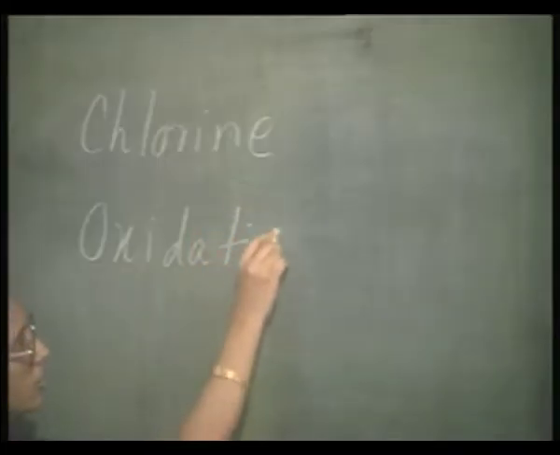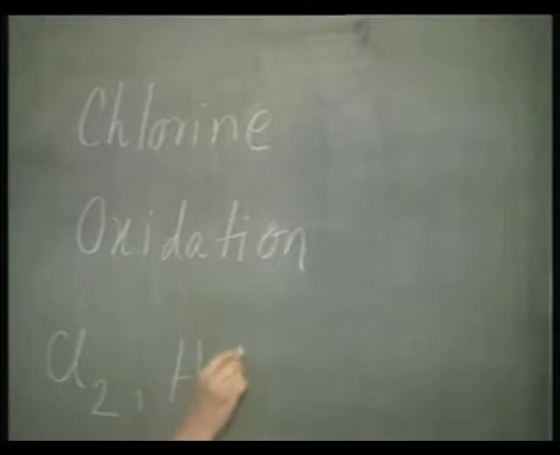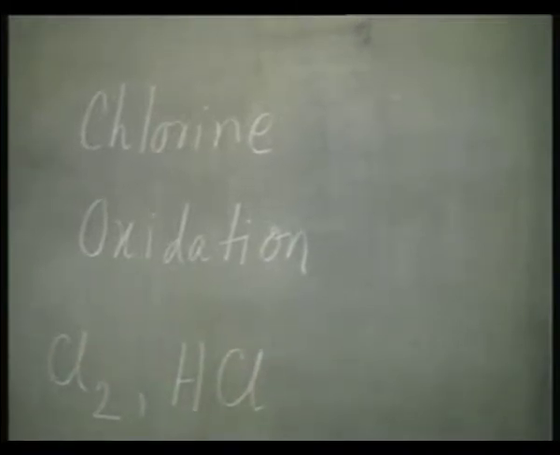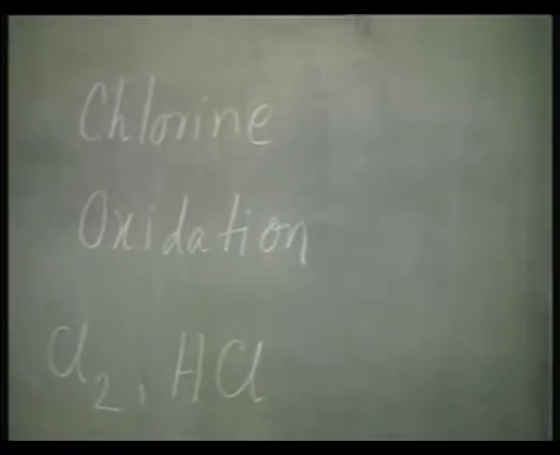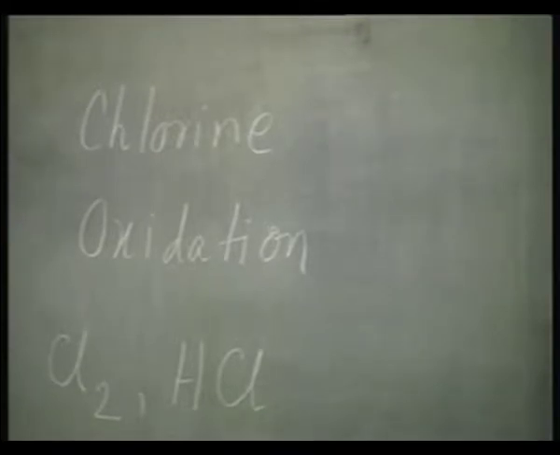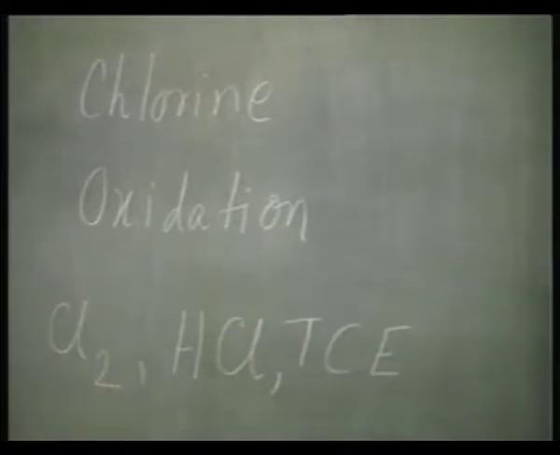In chlorine oxidation, one uses a small quantity of chlorine in the oxidizing ambient. This chlorine may be in the form of chlorine gas, or it can be in the form of anhydrous hydrogen chloride. But since both of these are potentially hazardous materials to deal with, a safer option is trichloroethylene, which is commonly referred to as TCE.